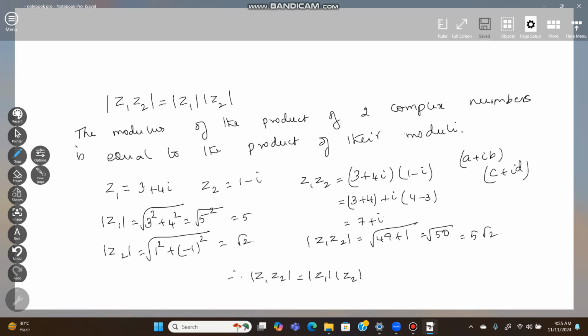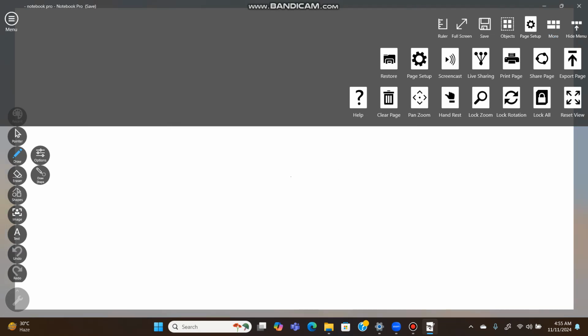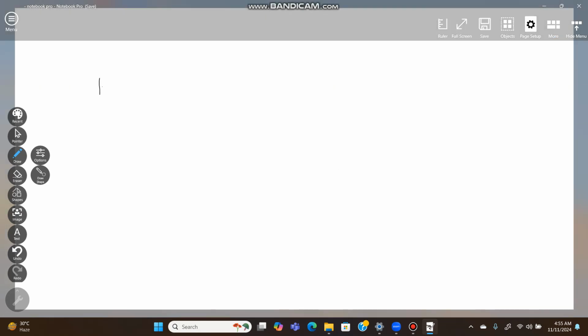Now let me clear this off and explain how it works for the quotient. It will work the same way for the quotient also, like mod of Z1 upon Z2 will be equal to mod Z1 upon mod Z2. I can take the same Z1 and Z2, or I can choose something different. Let me choose something different.